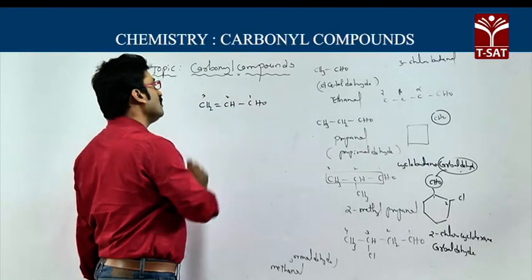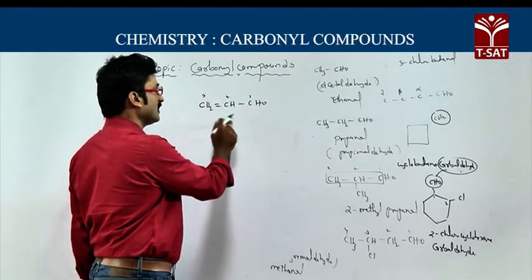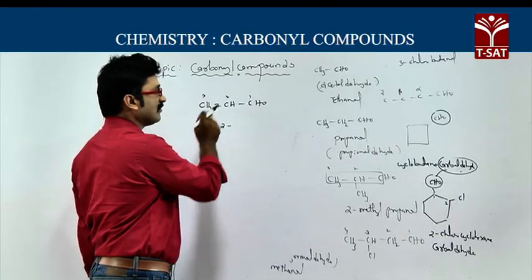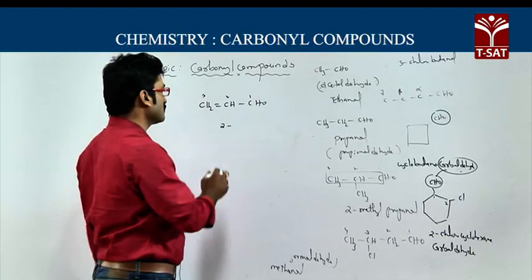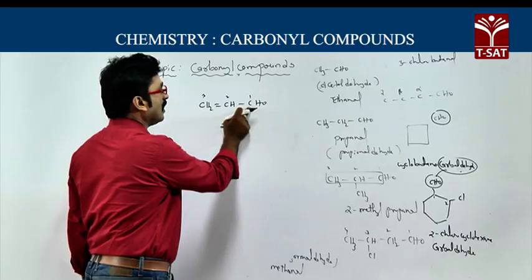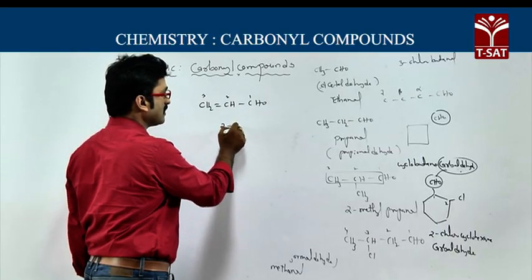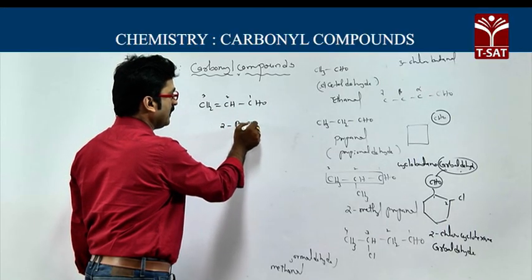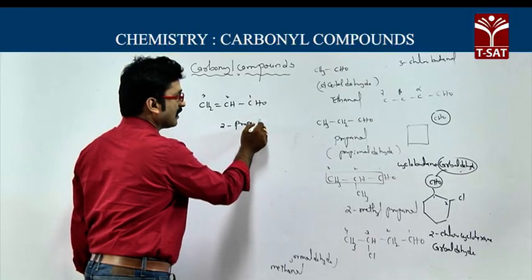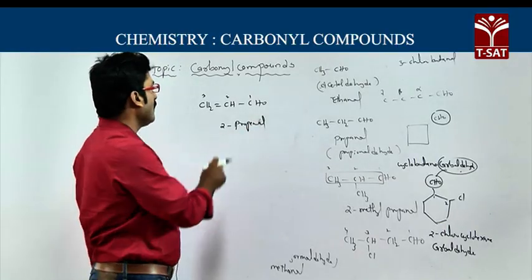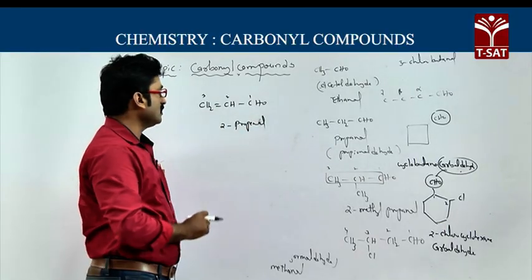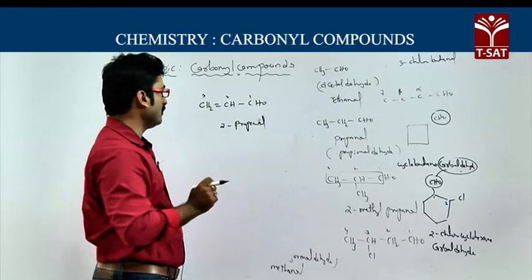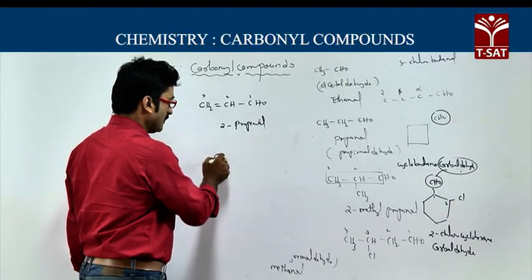And its IUPAC name is 2-, because the double bond is present at the second carbon. So therefore 2- and 1, 2, 3, so 3 carbons are there. Propene, you have to remove this e and you have to write al. So the IUPAC name of this compound is 2-propenal.